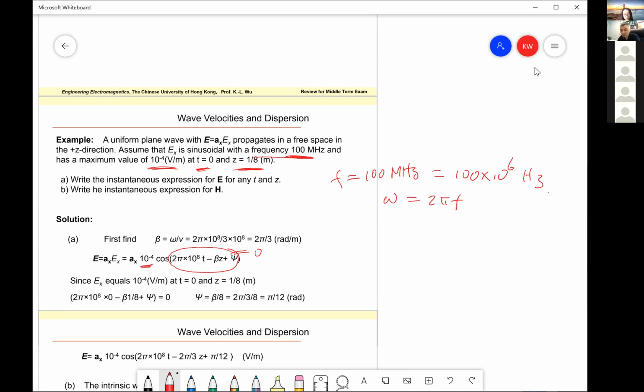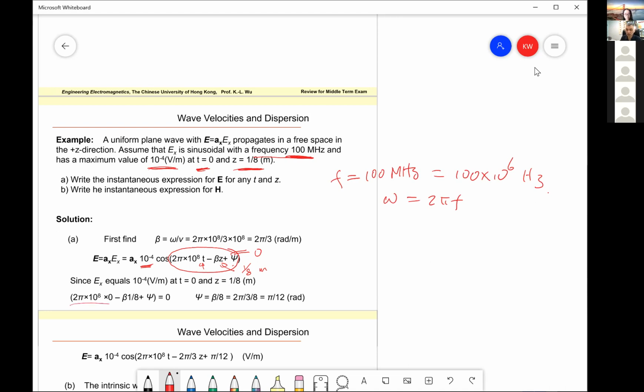Then for this condition, you set t equal to 0, you set z equal to 1/8 meter. From this equation, you can find phi, right? This just gives you a condition to determine the initial phase.